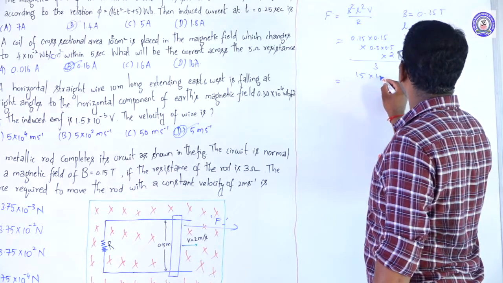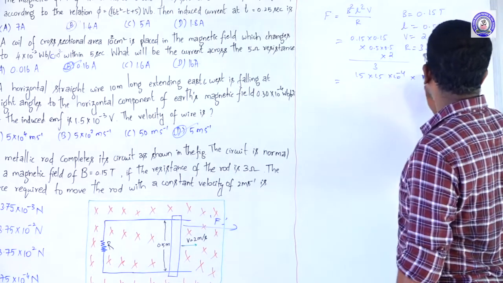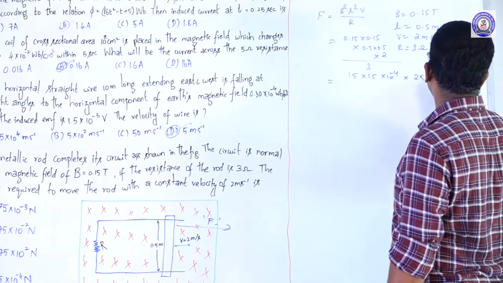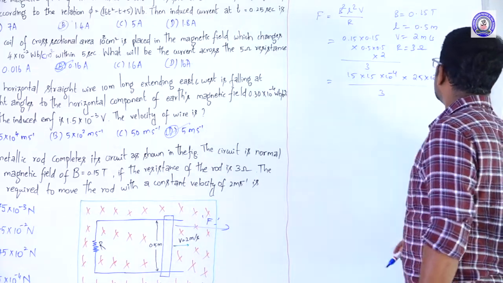15 into 15 into 10 power minus 4, 0.5 into 0.5 is 25 into 10 power minus 2, into 2 divided by 3. Right.